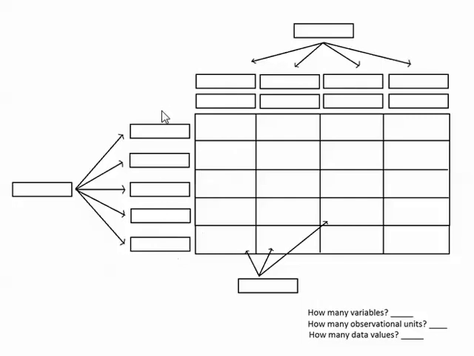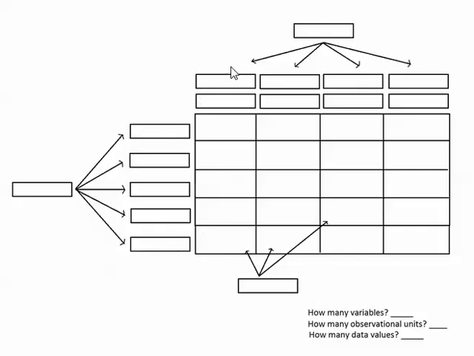If your observational units are houses, one of the variables could be square feet or price. You have to make sure that your variables go along with your observational units. For example, if your observational units are people, it wouldn't make sense to have square feet or price as a variable. That would make sense if your observational units were houses.